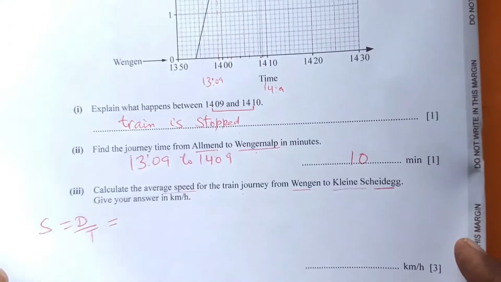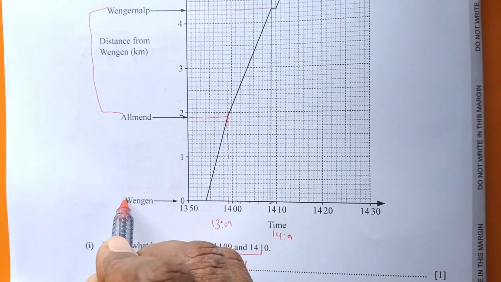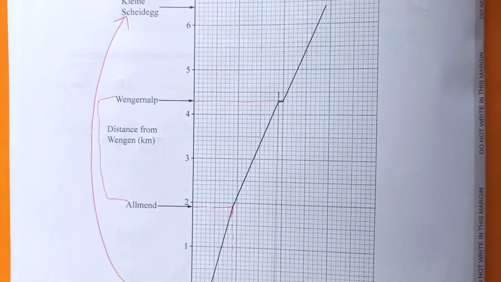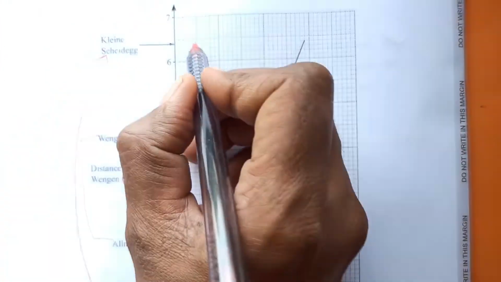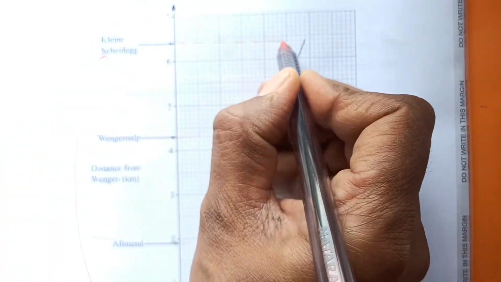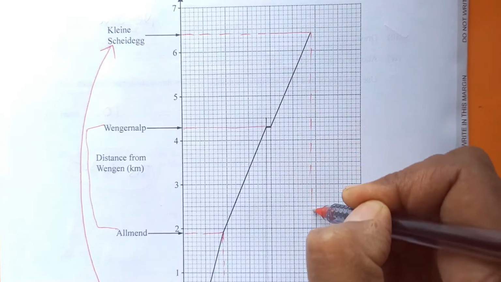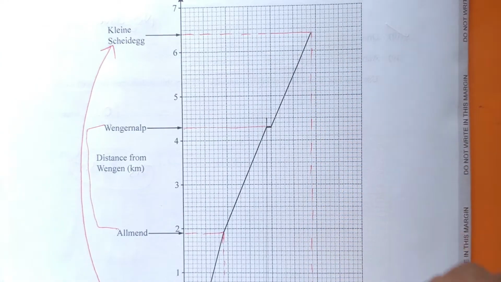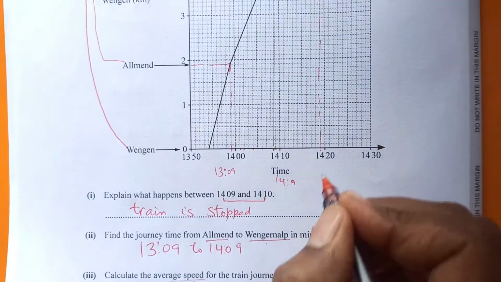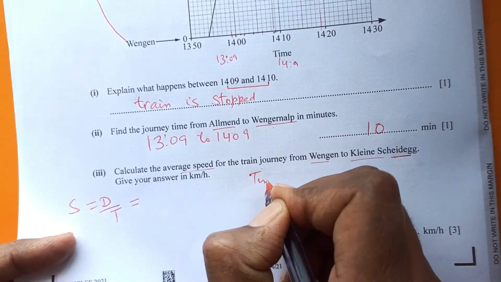So now we have to look for the total distance from here to this one, right? So total time. We will go along here, this side, and going down here along this line. So this is 1419, right?